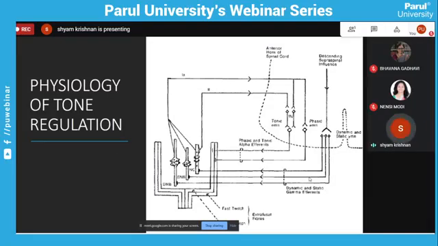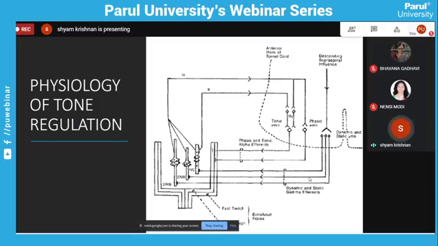Now comes the supposedly difficult part, the physiology of tone regulation, how exactly it is regulated. What you need to consider is that tone, like I told you, is essentially a persistent isometric contraction.